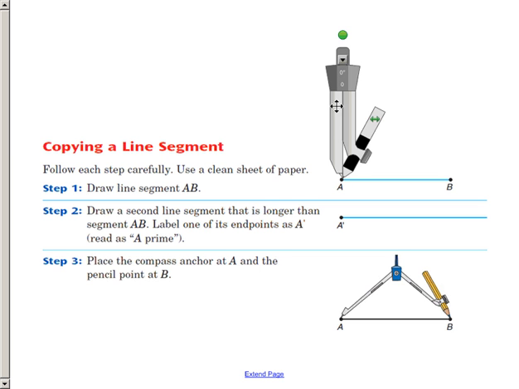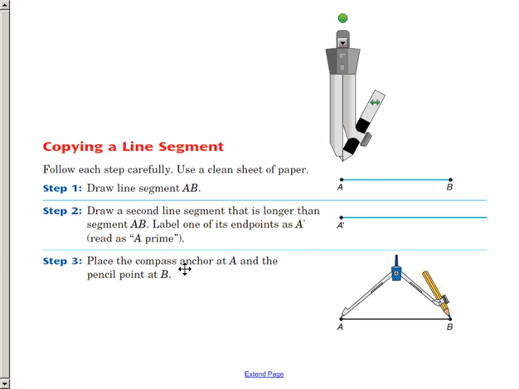So the first thing you will do is, move this up a little bit, you will see a line segment, AB. You will draw a second line segment that's longer than AB, and you'll call this one A', which is read as A prime.